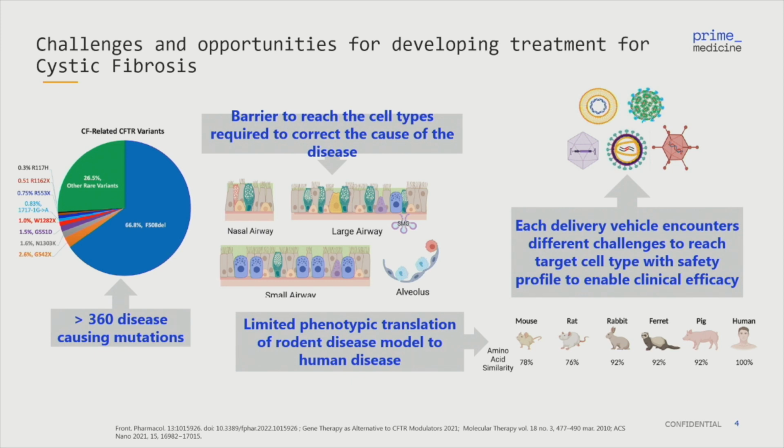And then we have an additional challenge that, unlike some of the other tissues that we're working in, the translational models to give you really confidence that your drug candidate is actually going to be successful in humans, they're really hard. So these are some of the challenges. And then for all of the delivery technologies, they all have their pros and cons, and we're all grappling with those.